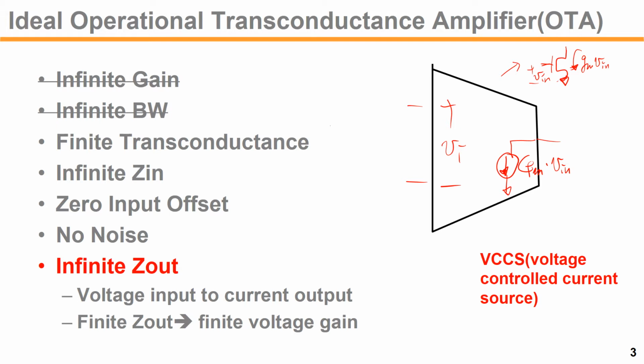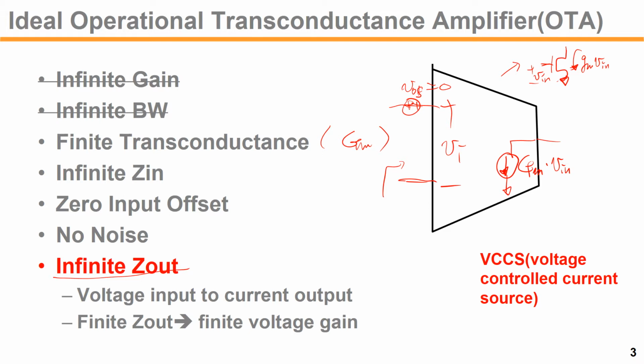Okay, so in that case, it has a finite transconductance, big GM, and then infinite input impedance because it's open, and no offset at the input. So if the offset V OS equals 0, and there's no noise, and also now the output characteristic, output impedance, is infinite. For an ideal current source, since the output is current, it's a current driver.